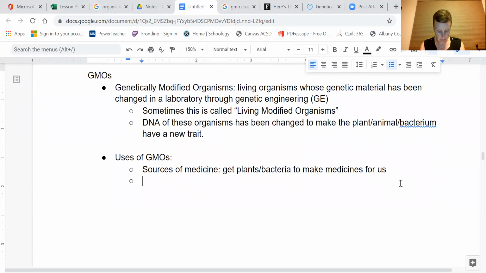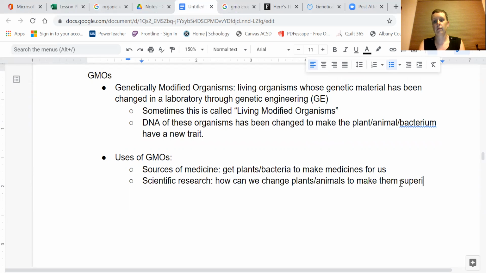Okay, so here's another one. Scientific research. How can we change plants or animals to make them superior? So a lot of scientific research is done. Sometimes things are changed without really any reason.